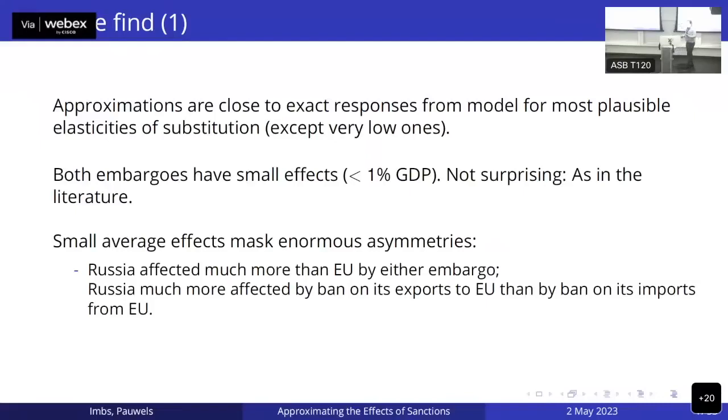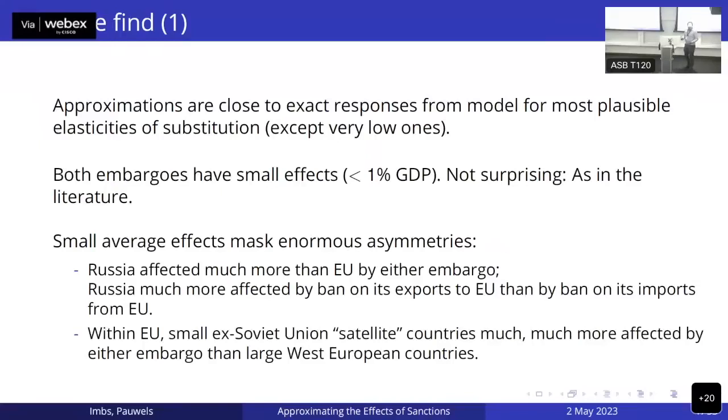especially on its ban on energy exports from the EU. The EU effects of taking energy from Russia or having a ban on its export is actually relatively small in the aggregate. But when we look at EU member countries, we find that there's actually a very strong asymmetry.